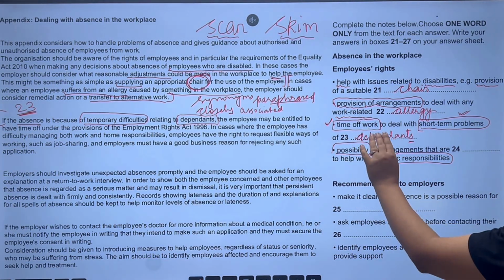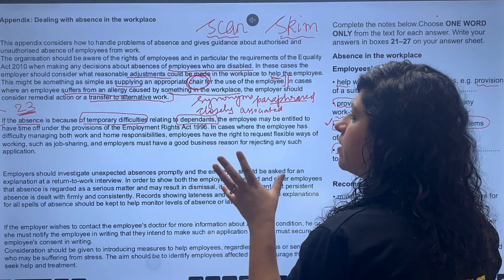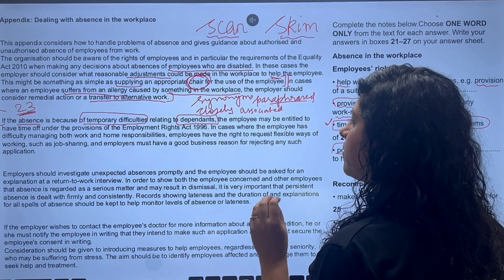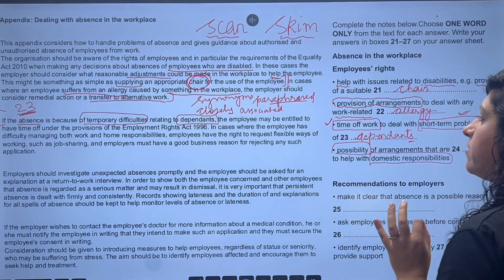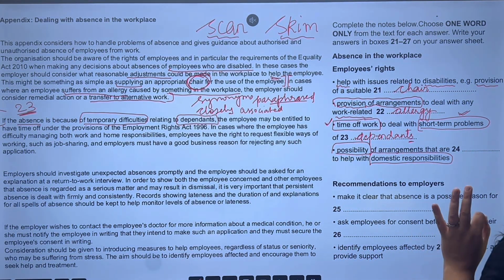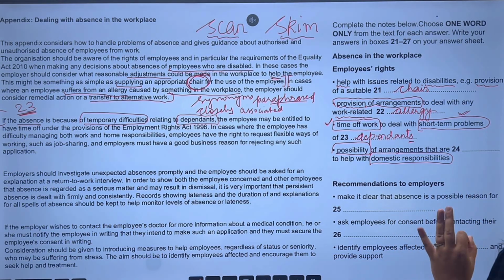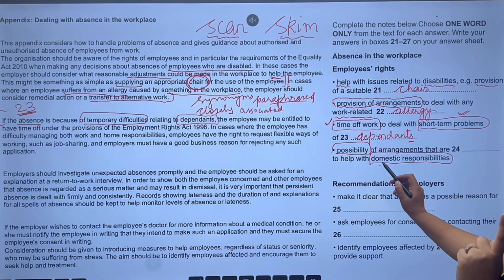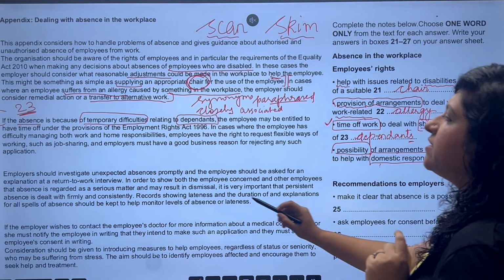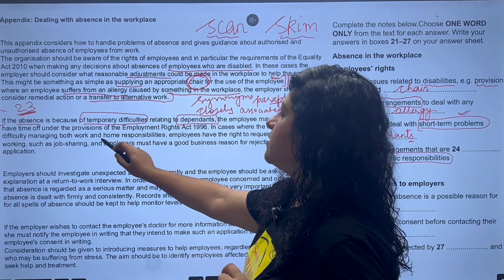The employee may be entitled to have time off under the provisions of the Employment Rights Act 1996 in cases where the employee has difficulty managing both work and home responsibilities. I have my keyword: domestic responsibilities, home responsibilities.